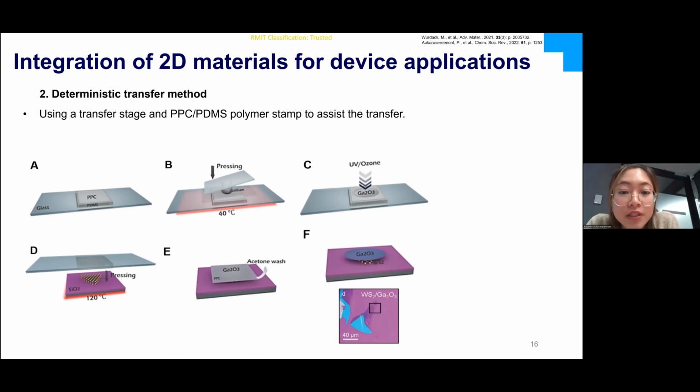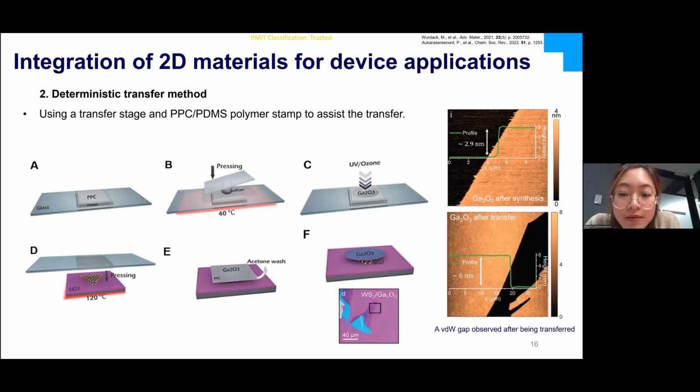Interestingly, after the 2D gallium oxide was transferred onto another substrate, we again observe an increased step height, which is a result of the presence of a van der Waals gap. It shows that despite the non-stratified nature of gallium oxide, it can maintain 2D characteristics when being transferred and stacked.